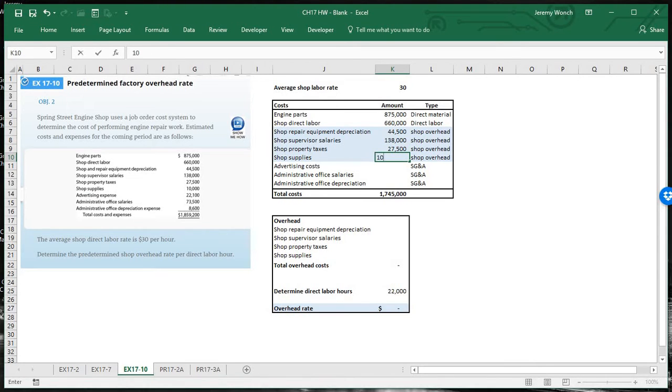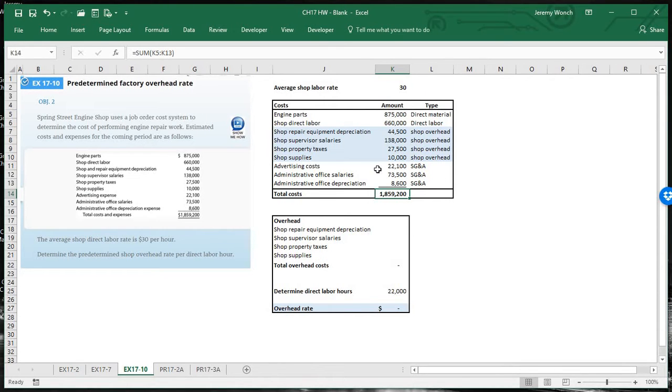Shop supplies 10. Got advertising cost at 22,000. Office salaries at 73,500, and office depreciation 8,600. So let's see, our totals match here.